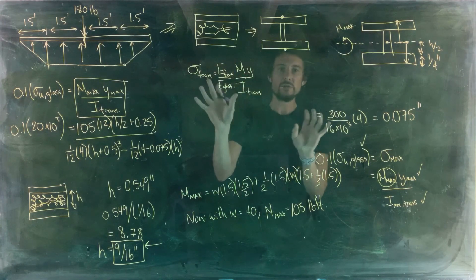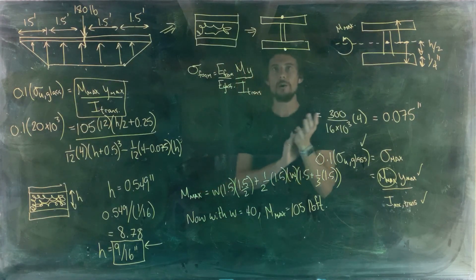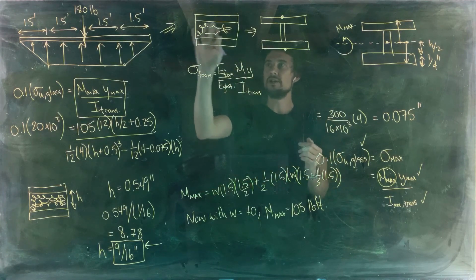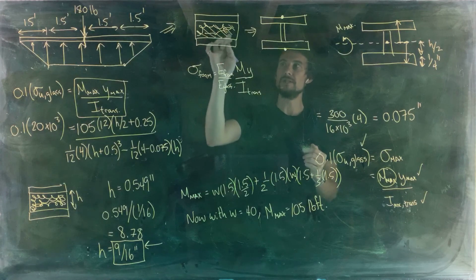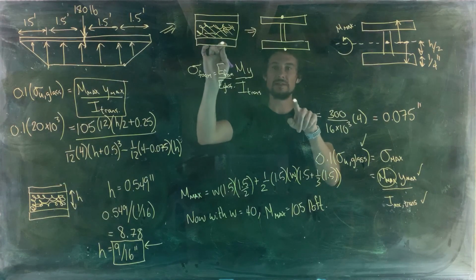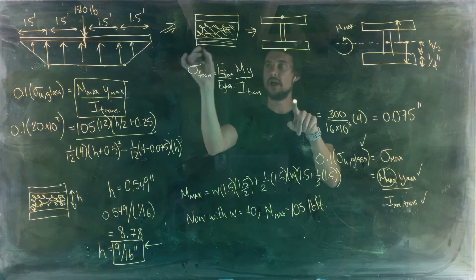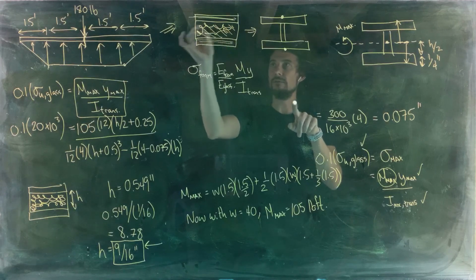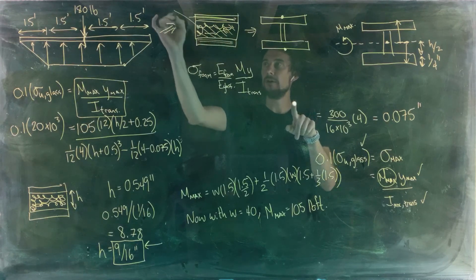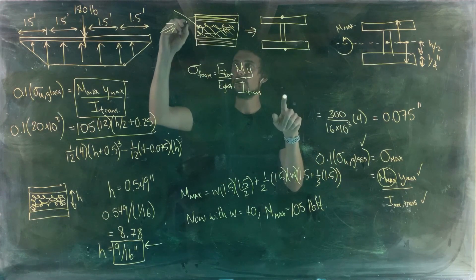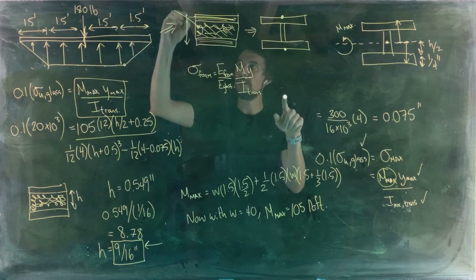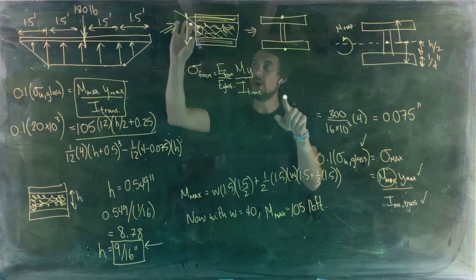But usually when you're doing these problems with composite beams, you're generally not interested in the stress within the actual filler material. You're more interested in the stress in the strong and stiff component of the composite beam. The filler here is only present to increase the total height of the cross section and not to provide strength, right?